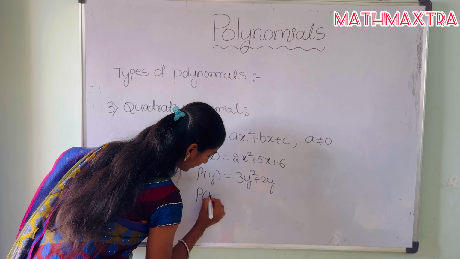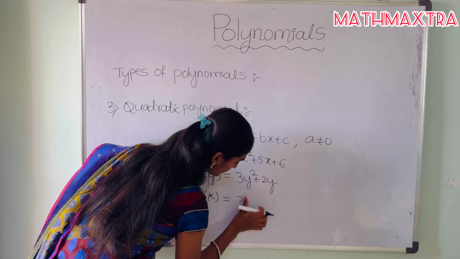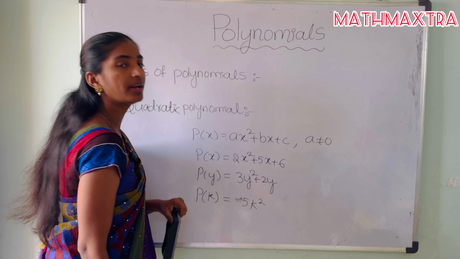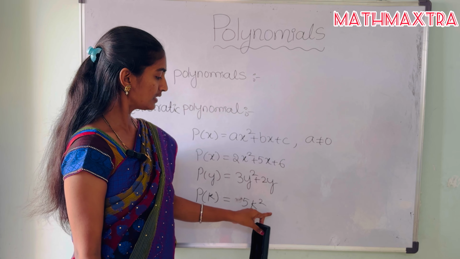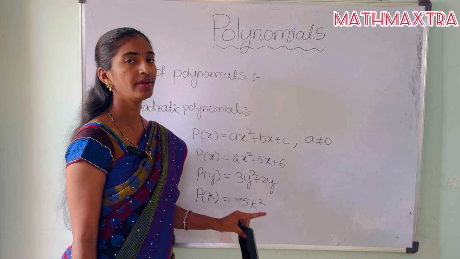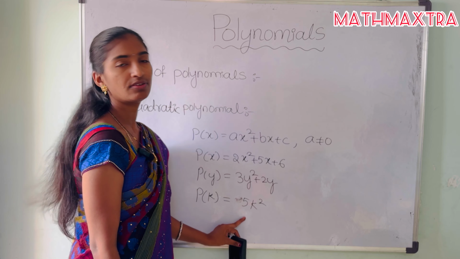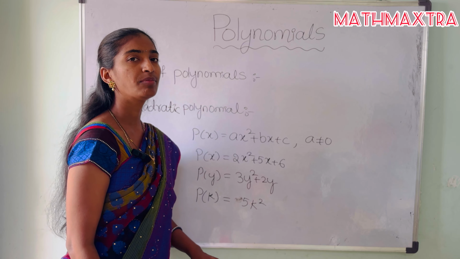See, if p of k, meaning the variable k I am considering, what happens? 5k square. Is it a quadratic polynomial? Yes, it is a quadratic polynomial. But in this, B and C values are becoming 0. That is why we remain with only the first term 5k square, although it is a quadratic polynomial.